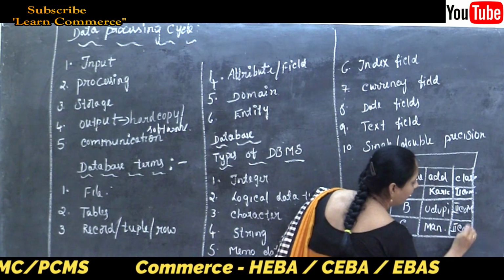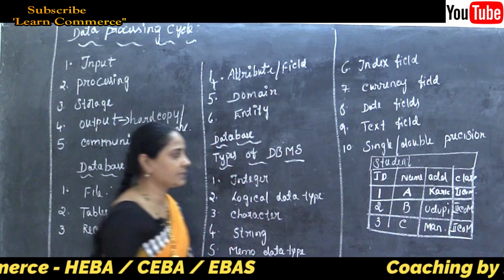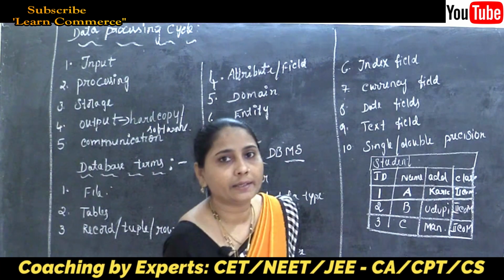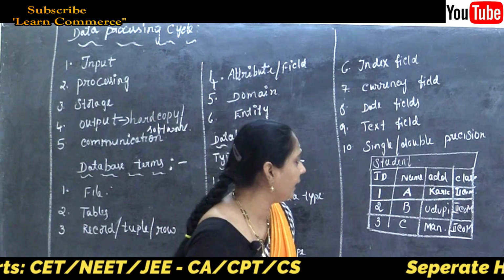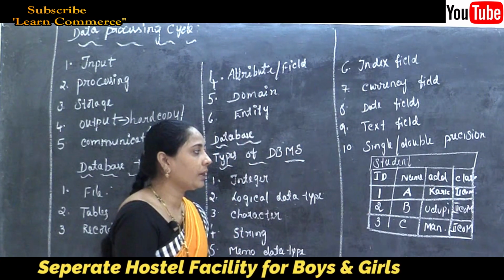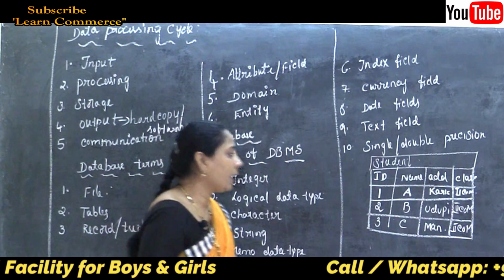Clear this one? So we know that the table name is student, the columns are ID, name, address, class, and the total records are 3 records in the table student.